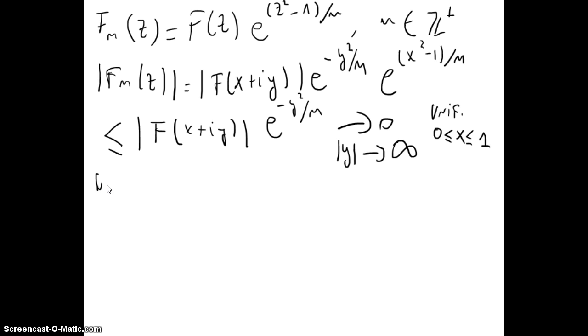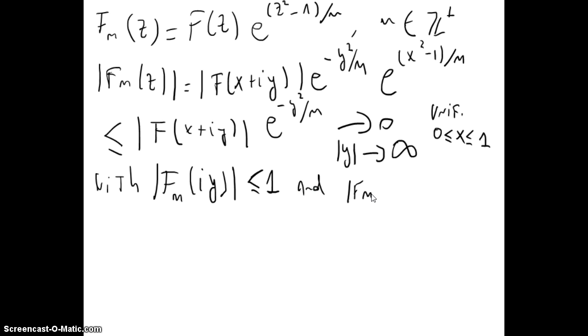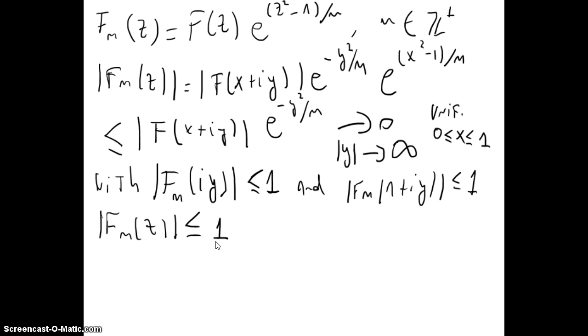This holds with the hypotheses for f_n: the absolute value of f_n(iy) is less than or equal to 1, and the absolute value of f_n(1 plus iy) is less than or equal to 1. So the previous argument proves that the absolute value of f_n(z) is less than or equal to 1 for any positive integer n.